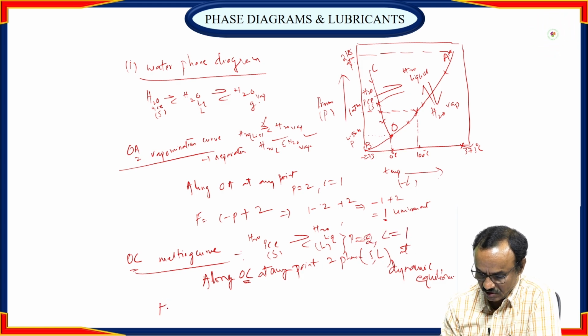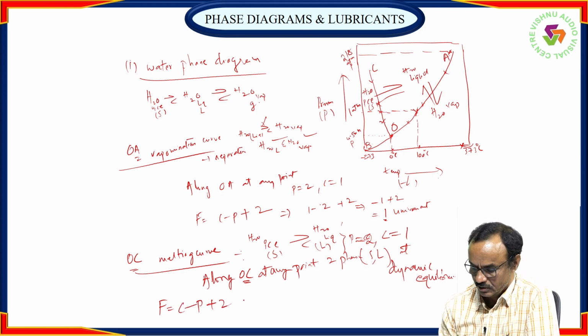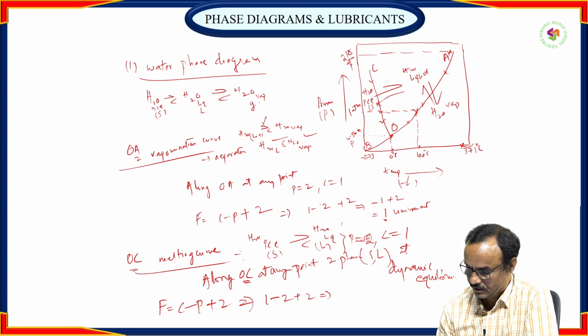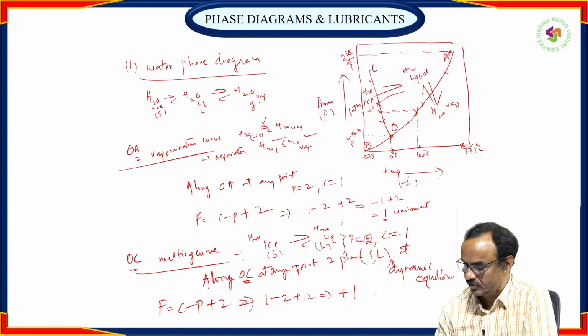Degrees of freedom is equal to C minus P plus 2, which is 1 minus 2 plus 2, is equal to plus 1. Univariant.